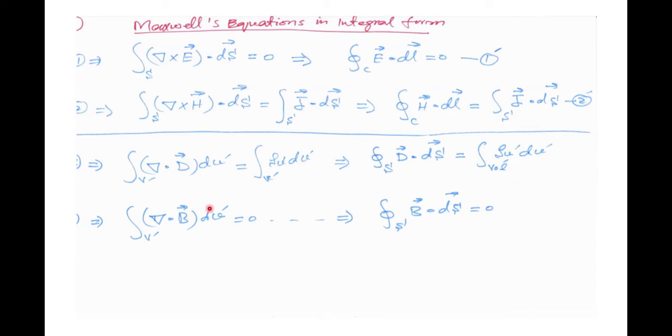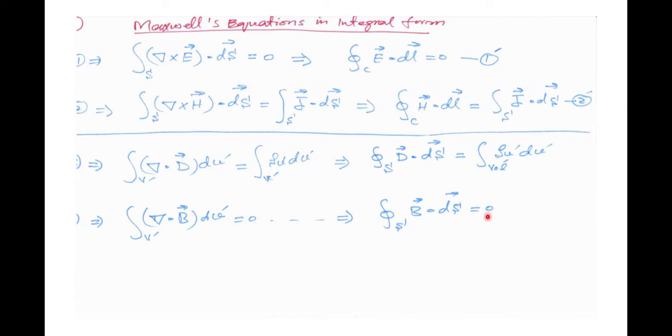Similarly, apply the volume integration to the fourth equation and then apply the divergence theorem. Then you can write the fourth differential equation in integral form, that is, B dot dS over the closed surface is equal to 0.